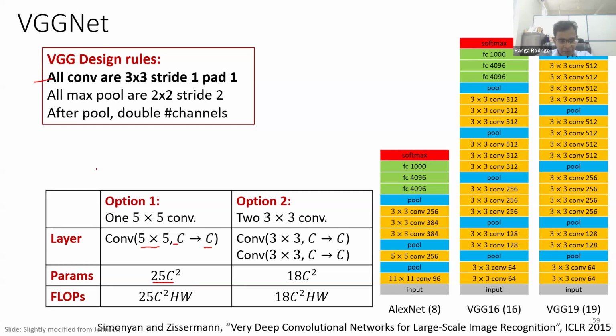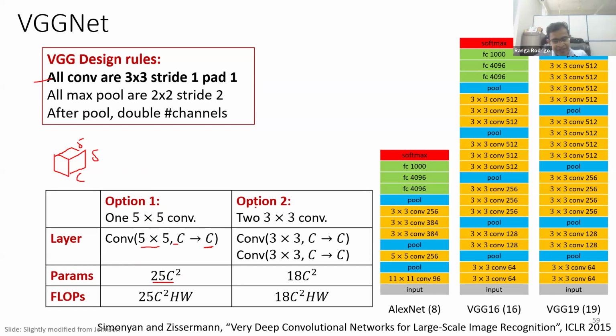Your convolutional kernel will be of size 5 times 5, and number of channels will be C, and you have C convolution kernels because it's C to C. So 5 times 5 times C times C. So that is 25 C squared.